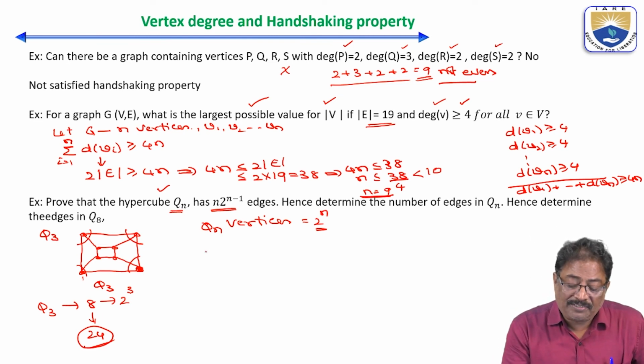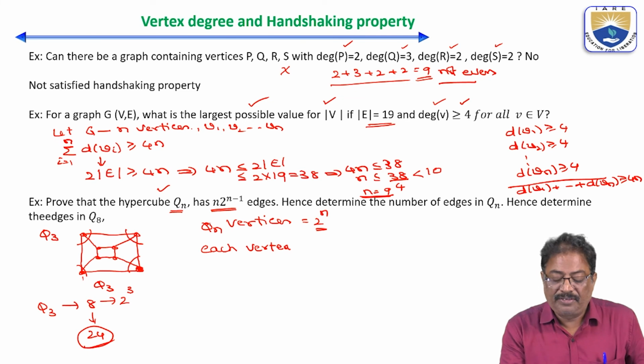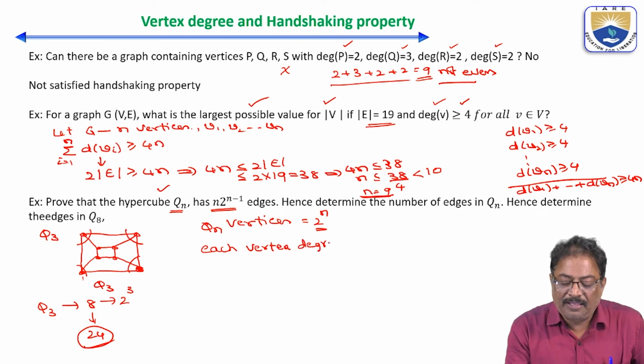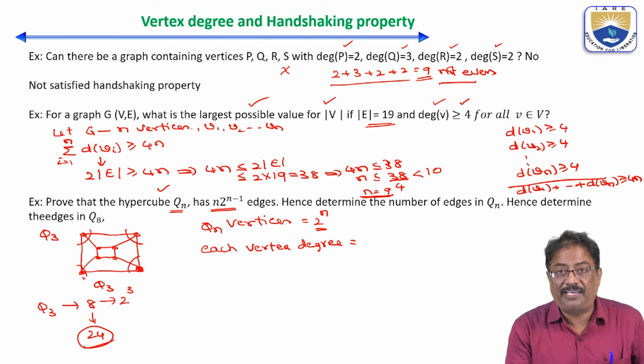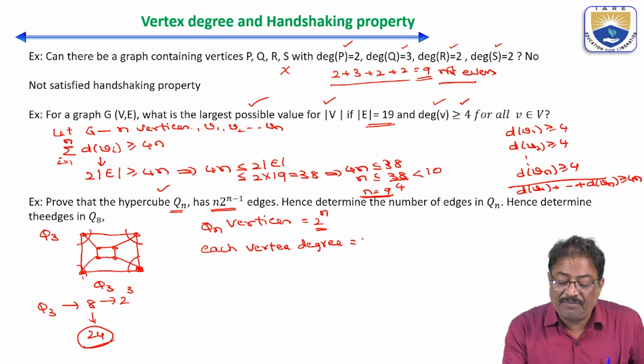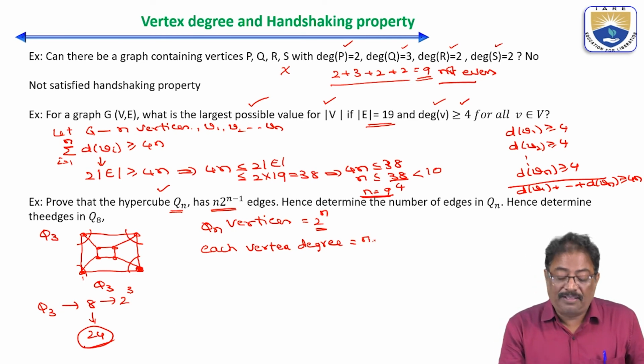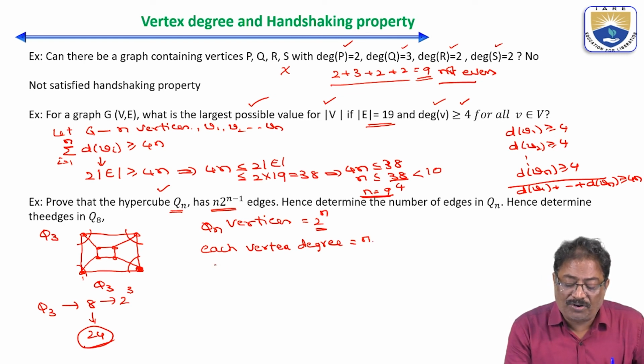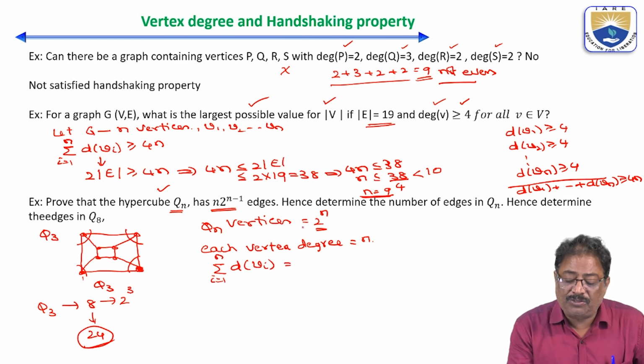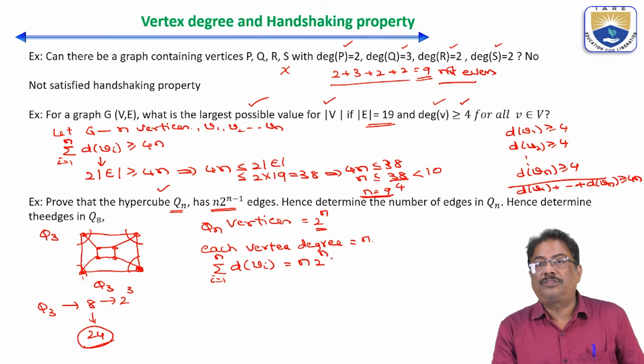Each and every vertex degree is nothing but an n regular graph. Each vertex degree in Q3 is 3, and in Qn the degree of each vertex is n. Then the sum of the degrees of all vertices in Qn, the sum of d of the degrees for i equals 1 to 2 to the power of n, is n into 2 to the power of n.